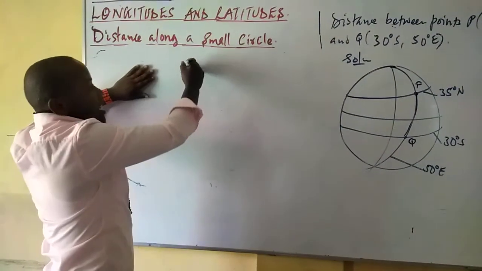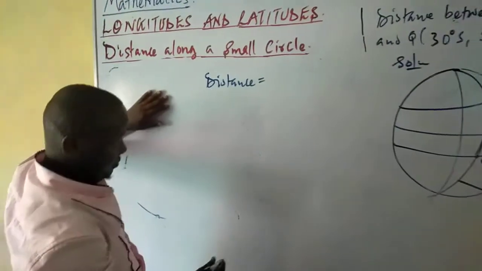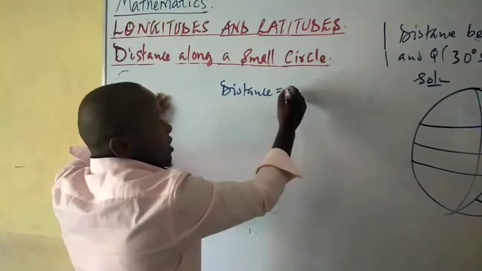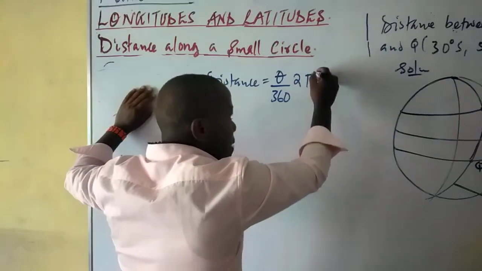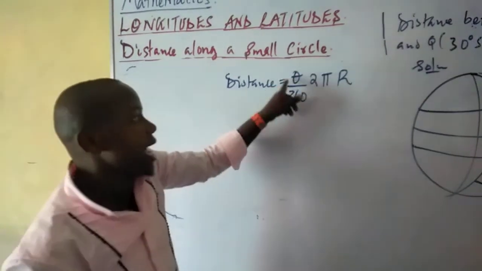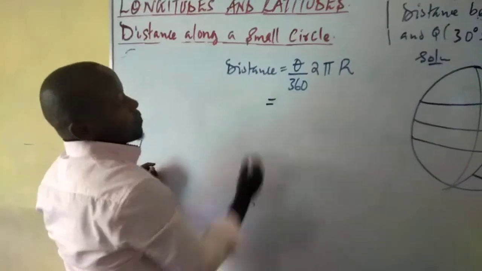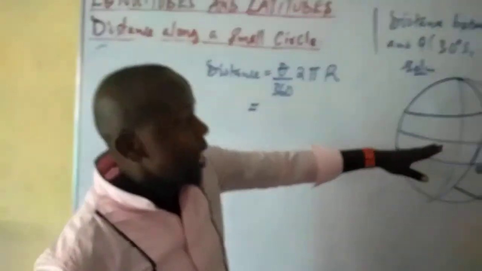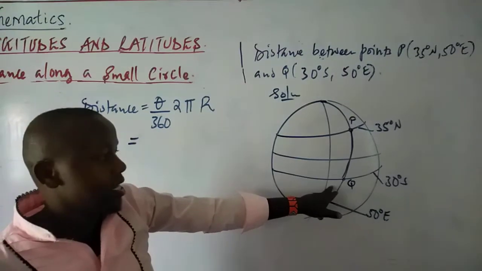And the distance is given by beta over 360 times 2 pi times the radius of the earth, where beta is the difference in latitudes. The two places, one is on 35 north and the other is 30 in the south part.